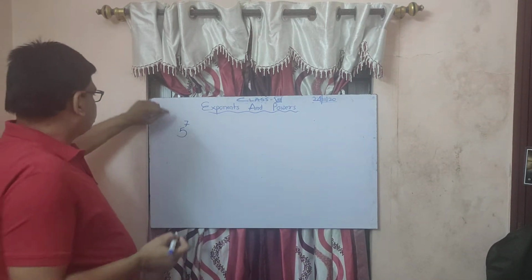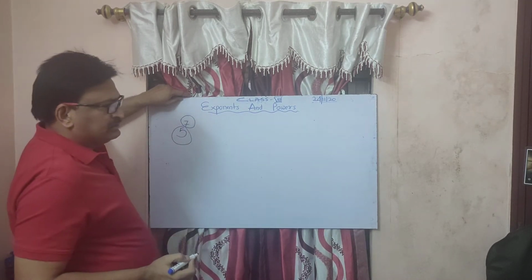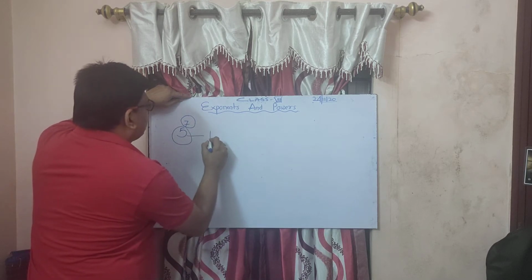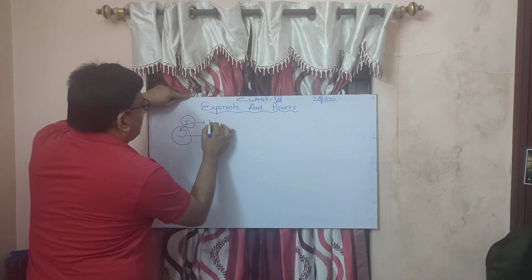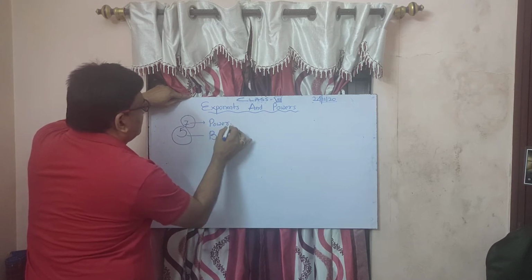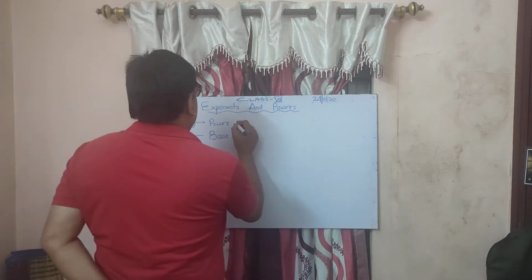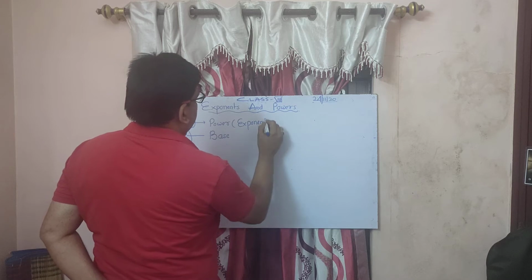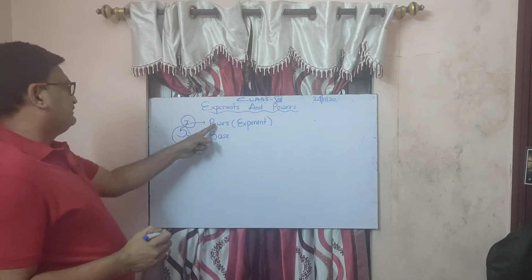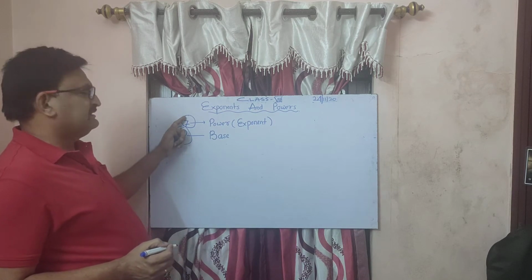Here one thing is this 5, and the other is this 7. This 5 is called the base, and this 7 is called the power, or sometimes it can be called the exponent. This is base, exponent.